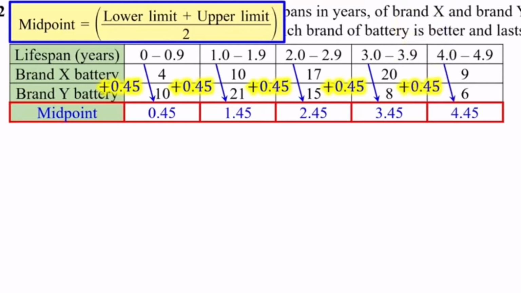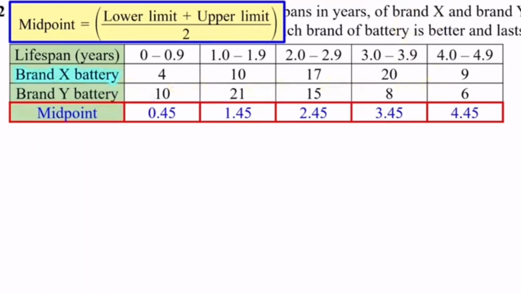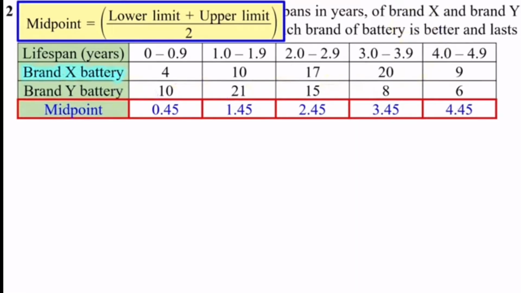So let's continue to find the standard deviation for the brand X battery first before we find the brand Y battery. Now we are going to start with the brand X battery. We will find the mean first, followed by standard deviation.